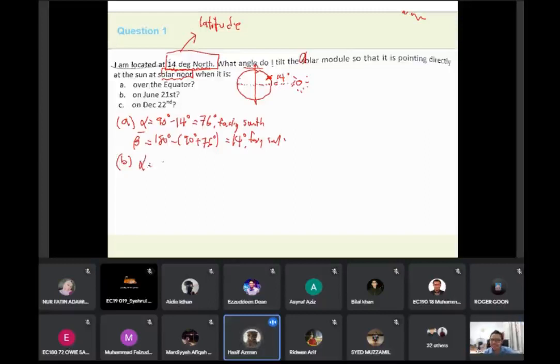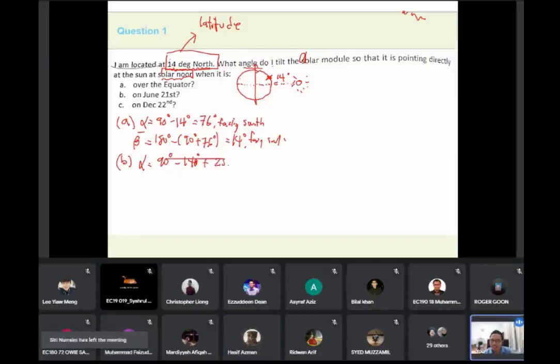Alpha. Yang tu 90 tolak 14, tambah dengan 23.45. Kenapa tambah? Tambah sebab dia cancel. Bukan sebab cancel, same hemisphere.